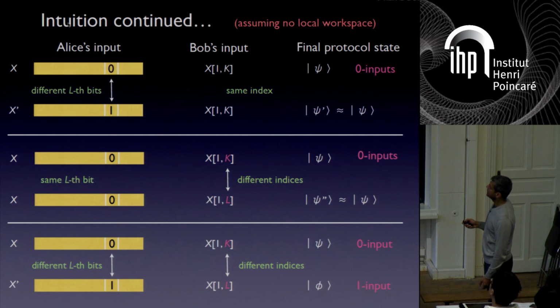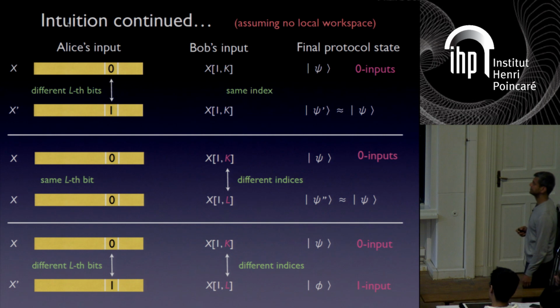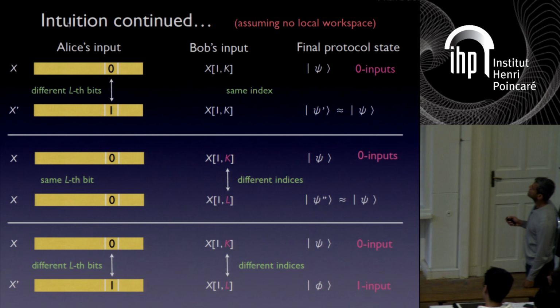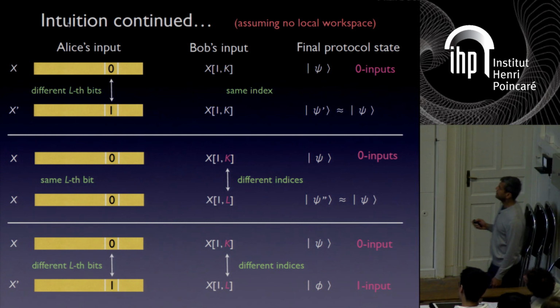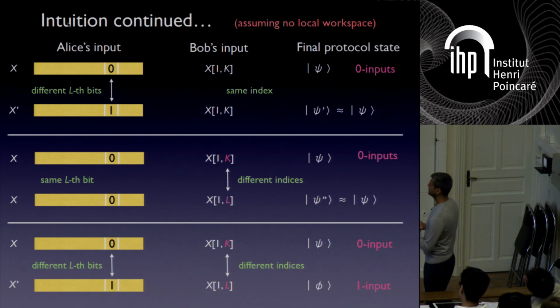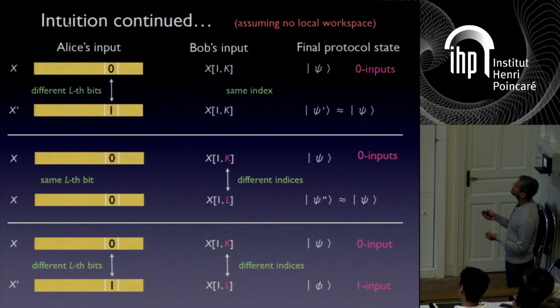We'll consider a different n-bit string x prime, which is the same as x, except in the lth bit. Bob's input will remain the same. And by the argument that I made in the previous slides, if Alice's cost is low, we can argue that the final state C prime, in this case, where Alice's input is different, is actually close to what we had before.